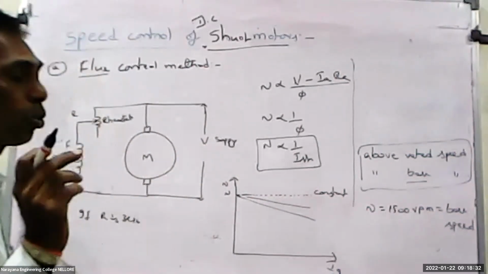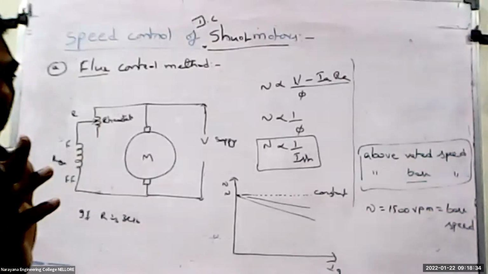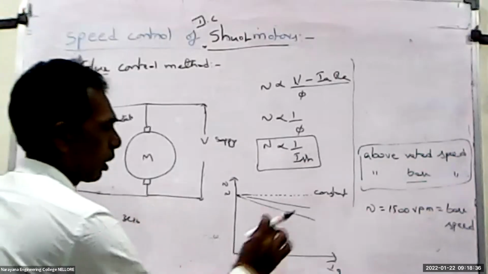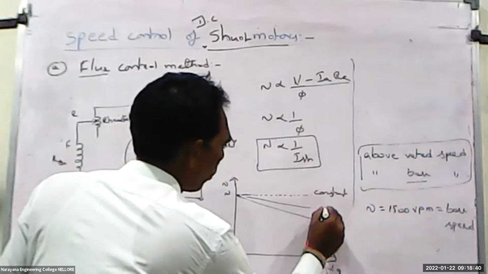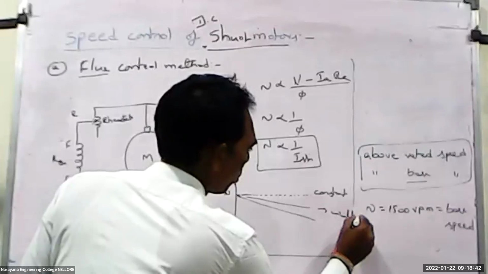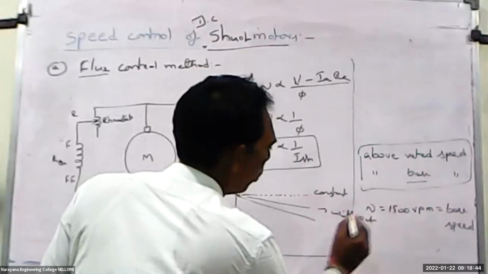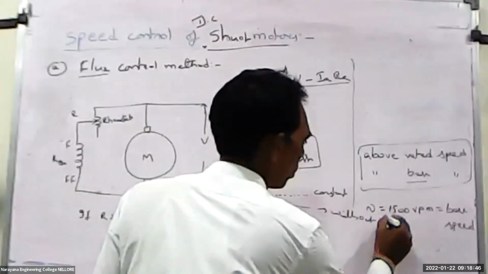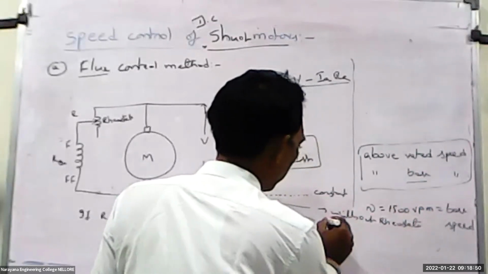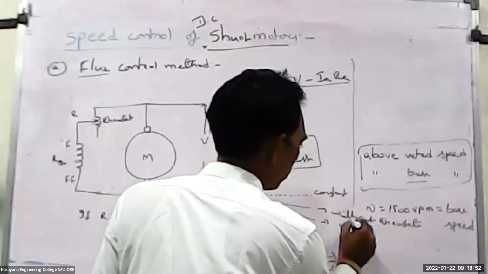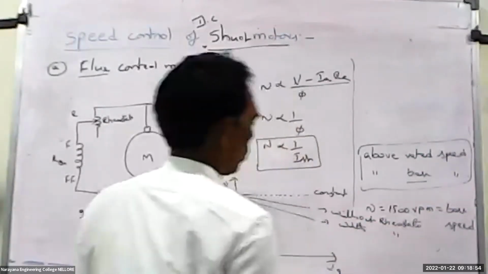Previously we went for the shunt motor characteristics, the speed versus armature current. This is the actual curve, this is without rheostat, and this is with rheostat.